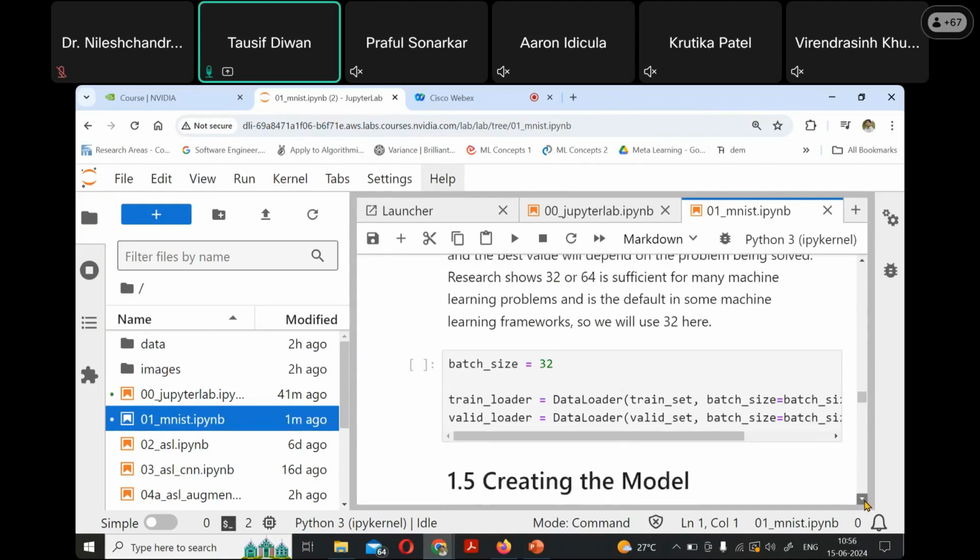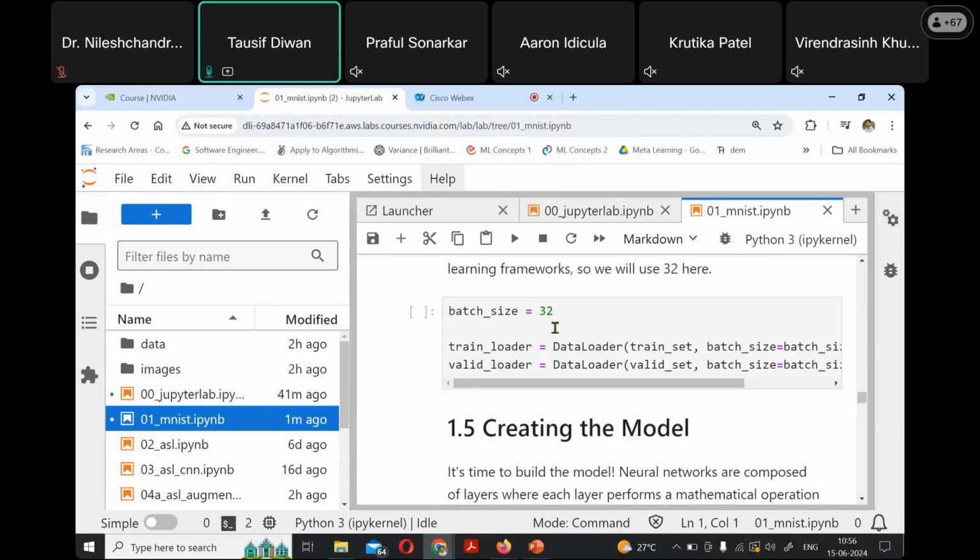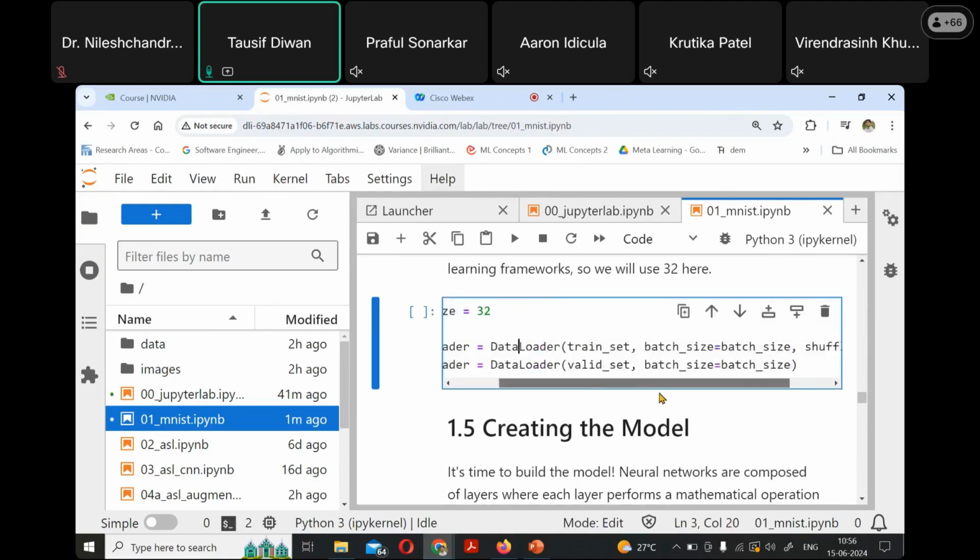Okay. So see here, we are defining this data loader for training set as well as for validation set. Here we have defined batch size equal to 32. Then see, this is my data loader.